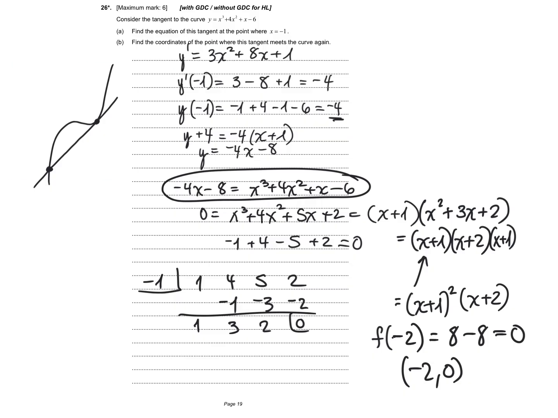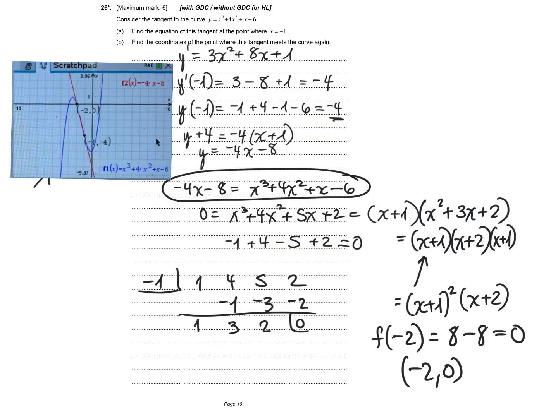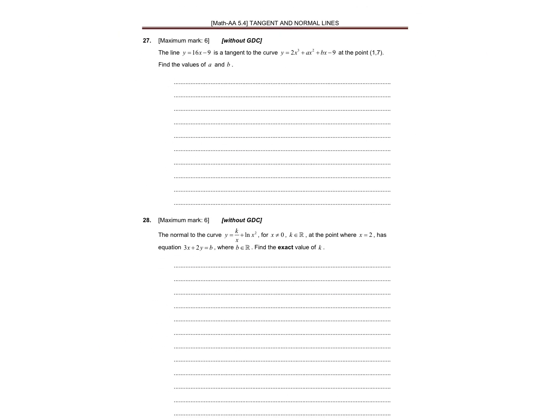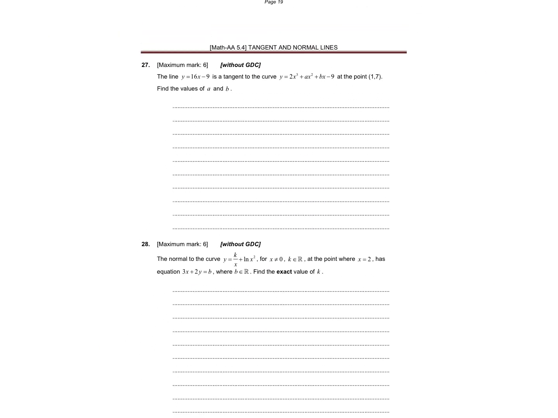That's the point. Okay, so here's a picture of our cubic curve and of both. So the red is the tangent line at -1. So that's the first intersection. The other one is at 2, 0. So, yeah. Whoops. Okay.